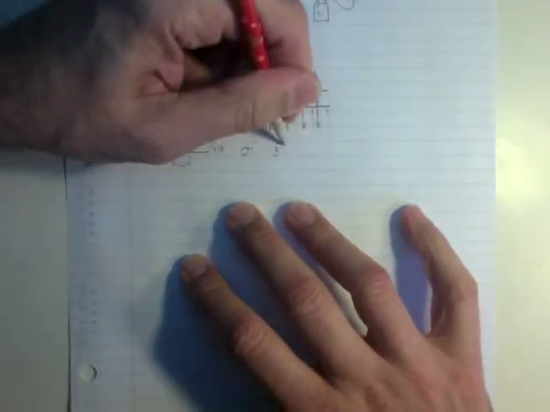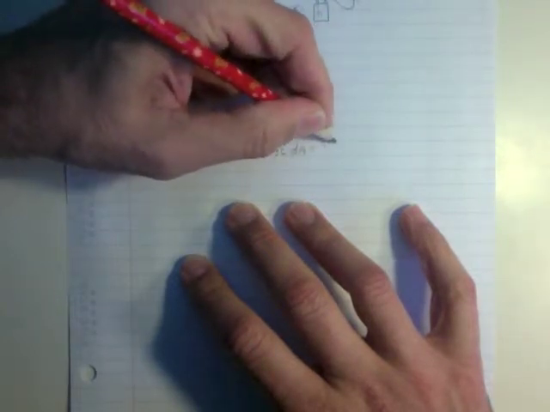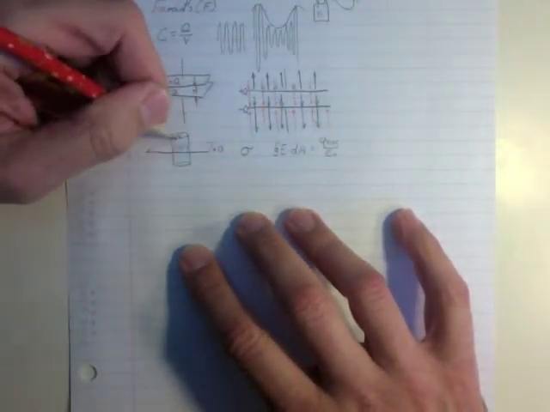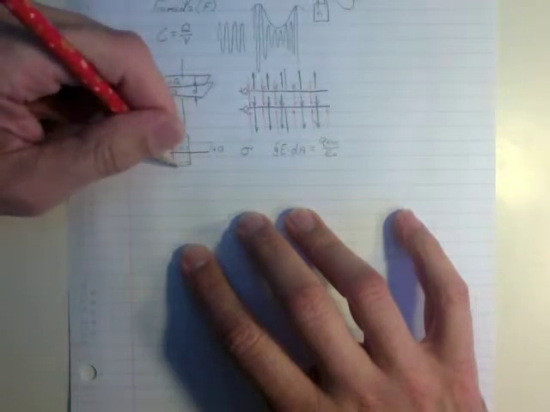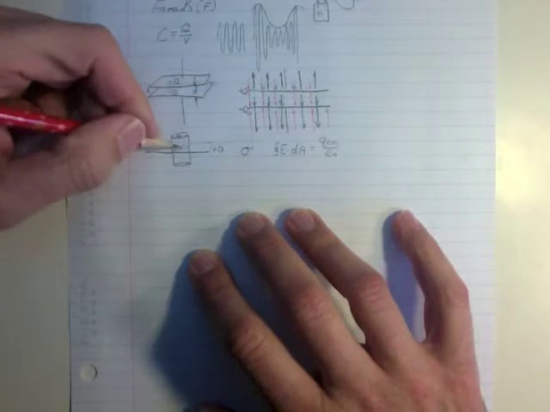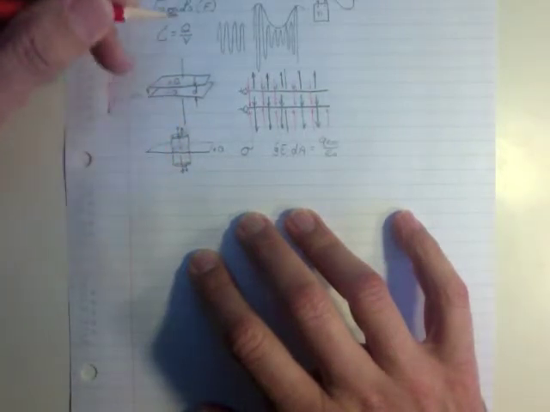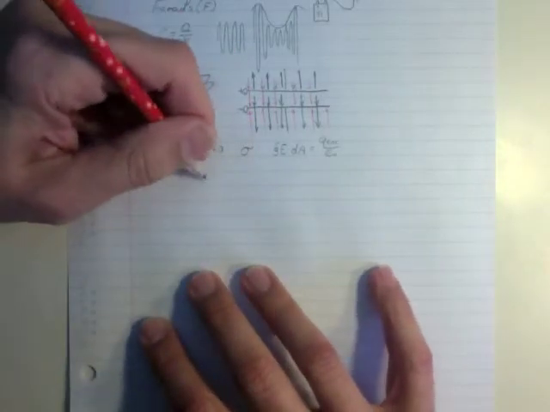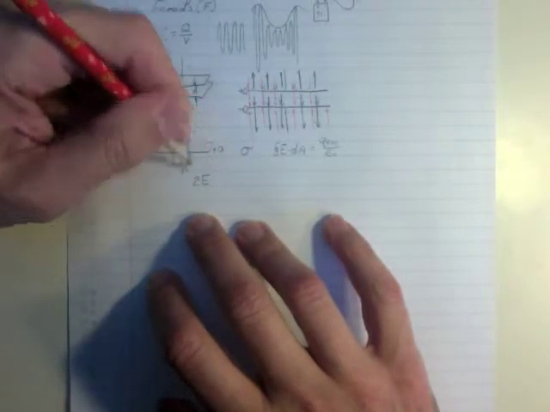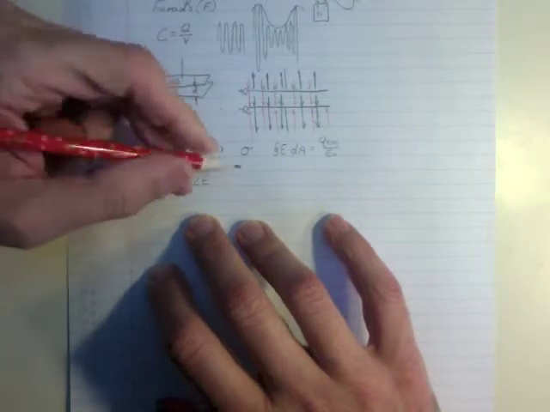Then the integral of E dot dA equals Q enclosed over epsilon 0. If we chose this Gaussian surface, so this and this are equal distances, and the E fields are like this, and the area vectors are in that direction, it adds together. So you end up with EA plus EA, which is 2EA.